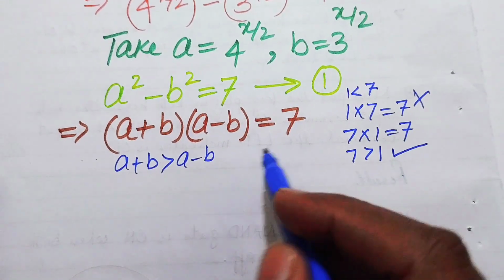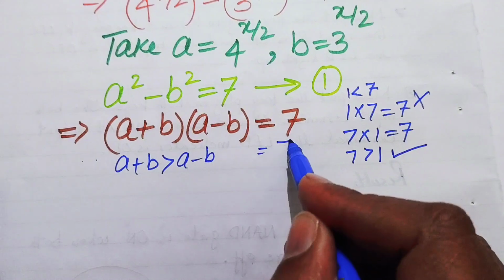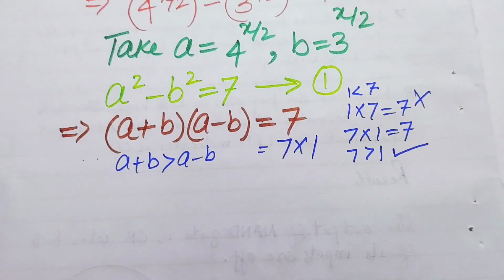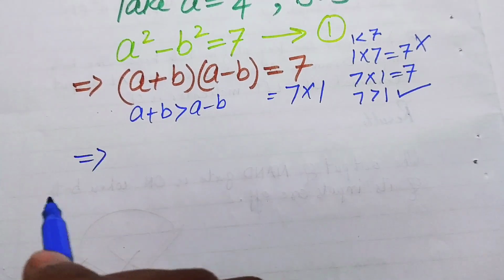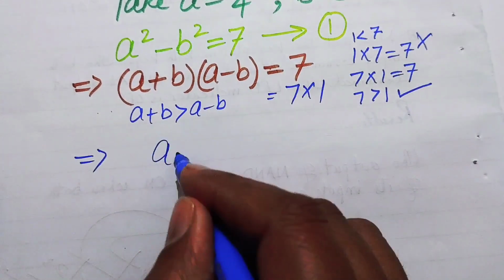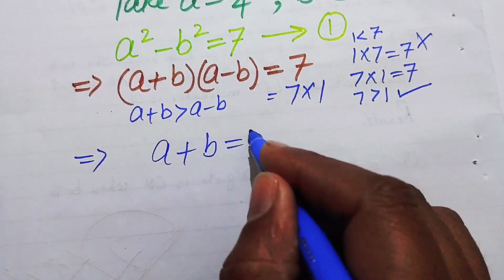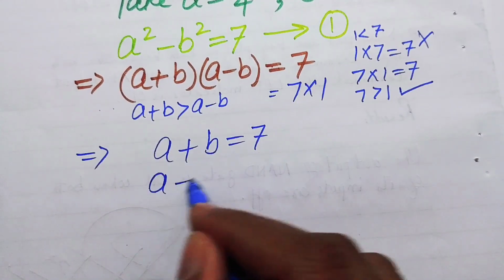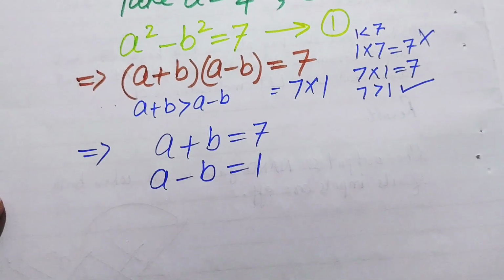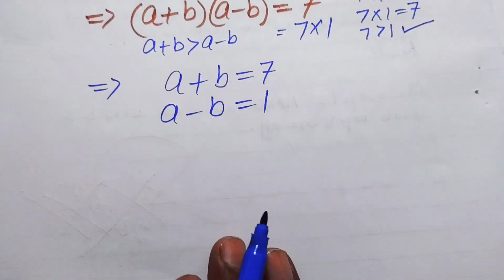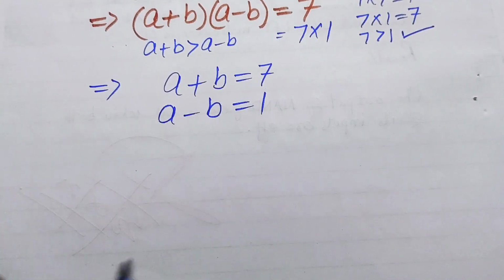We write 7 as 7 times 1, and comparing both sides, we have a plus b equals 7 and a minus b equals 1. So we have two equations, and now we solve them.